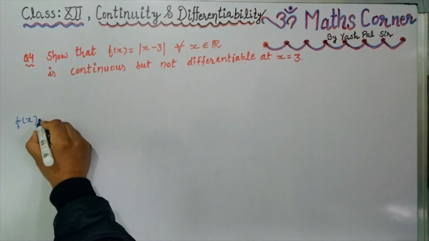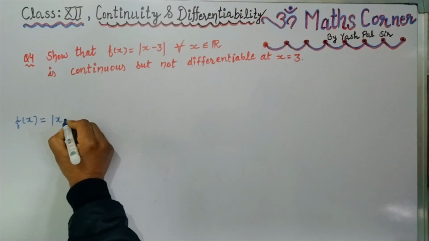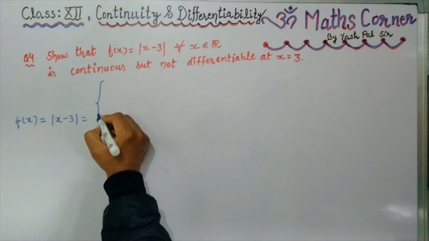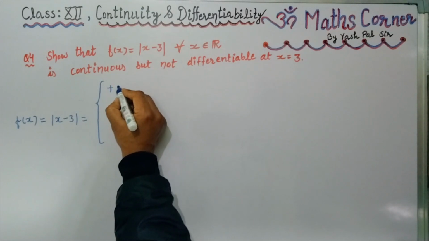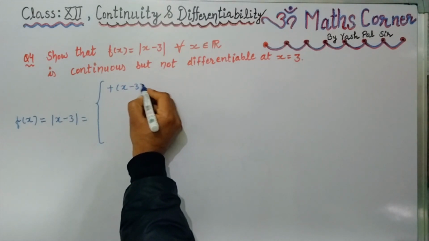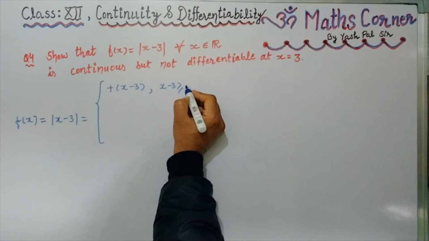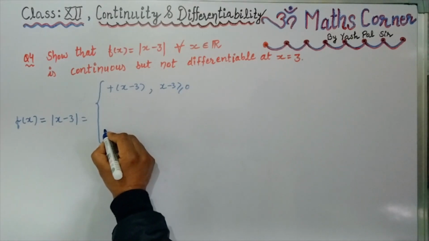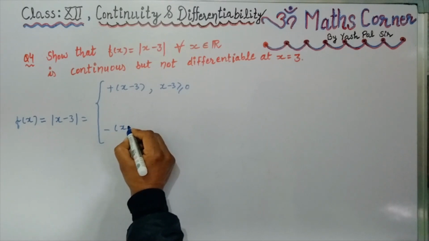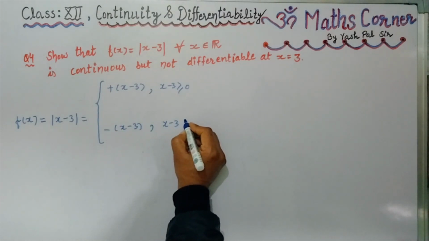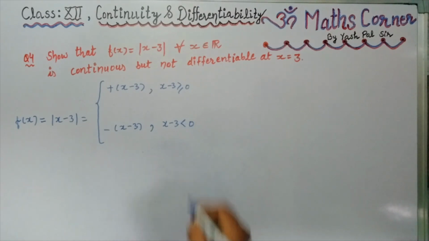We write the function f of x is equal to modulus of x minus 3. This we can write like this: plus (x minus 3) whenever x minus 3 is greater than or equal to 0, and minus (x minus 3) when x minus 3 is less than 0.